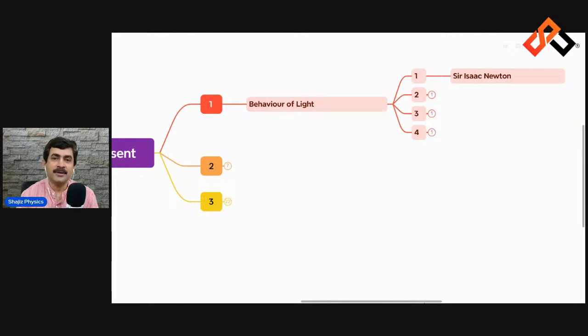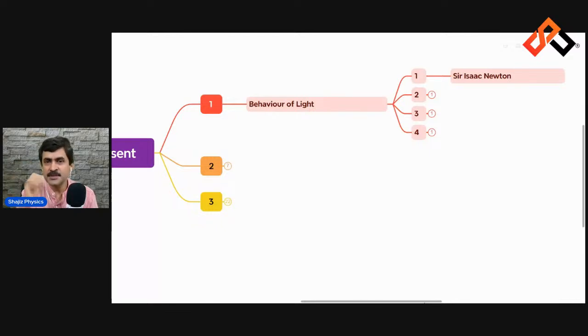According to Newton, any source of light is emitting very small particles which have no mass, and the source is continuously emitting such particles one after another. These particles are highly elastic and they move along a straight path. They have the capacity to hit a surface and get reflected.